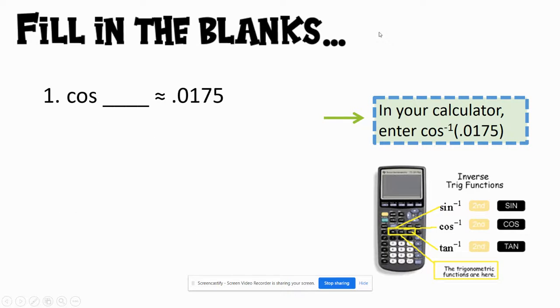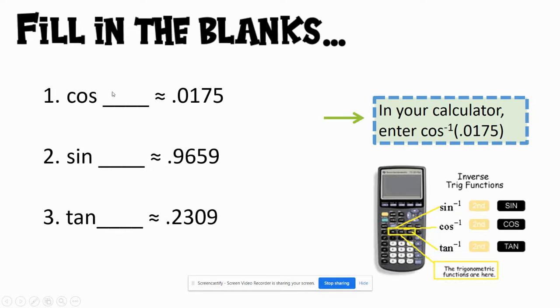All right, so some fill in the blanks. So let's practice using your calculator. So all of these, cosine of what angle is about 0.0175? Sine of what angle is about 0.9659? So you're using your calculator to find the angle. To find the angles you need to use the inverse trig function.